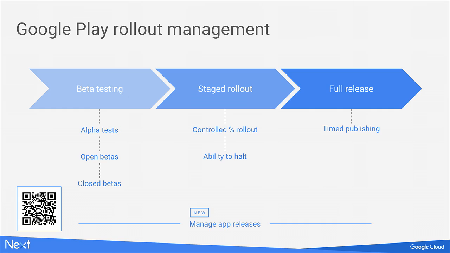But that then protects the rest of your user base on the stable production version. Once your alpha or beta version is ready for prime time, you can then use controlled percentage rollouts in order to slowly ramp up the number of users that you have on that version, and you can halt that at any time if you have problems. You can also publish at a particular date.